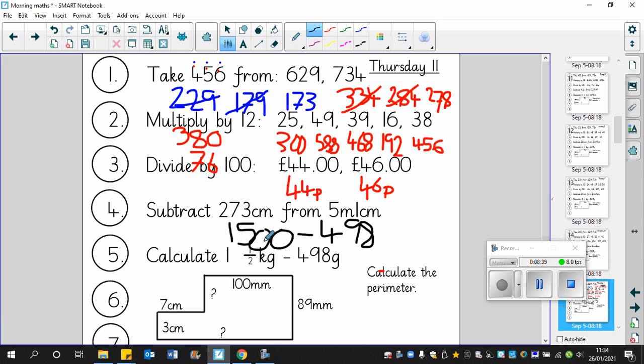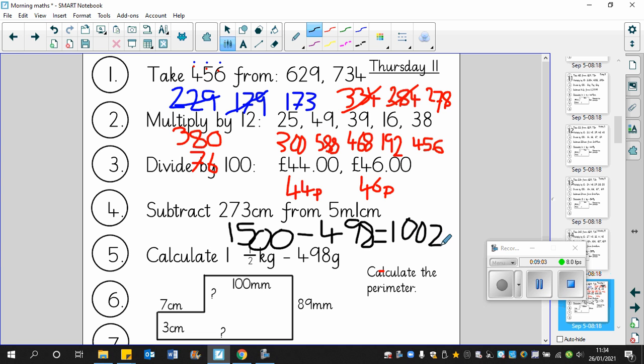So if we took away 500, we'd only be left with 1,000. We're not taking away 500 though, we're taking away a bit less. So if you take away less, you end up with more. So a bit more than 1,000, and it's 2 more than 1,000 because 498 add 2 is 500. So therefore 2 more than 1,000 is 1,002.